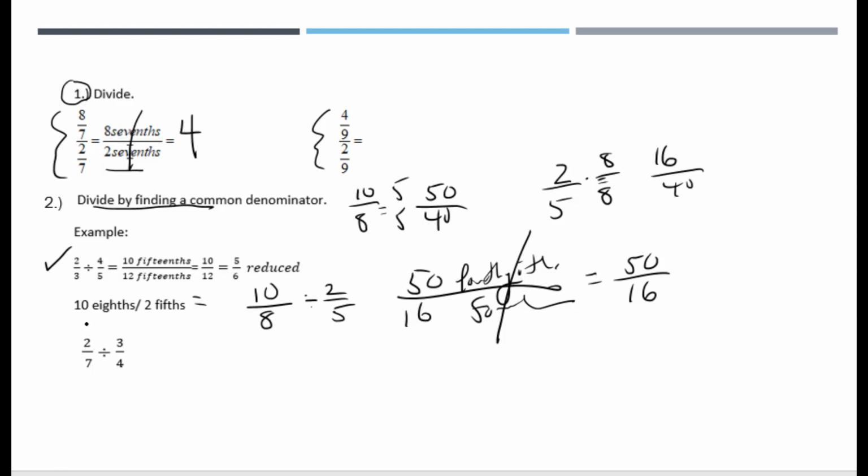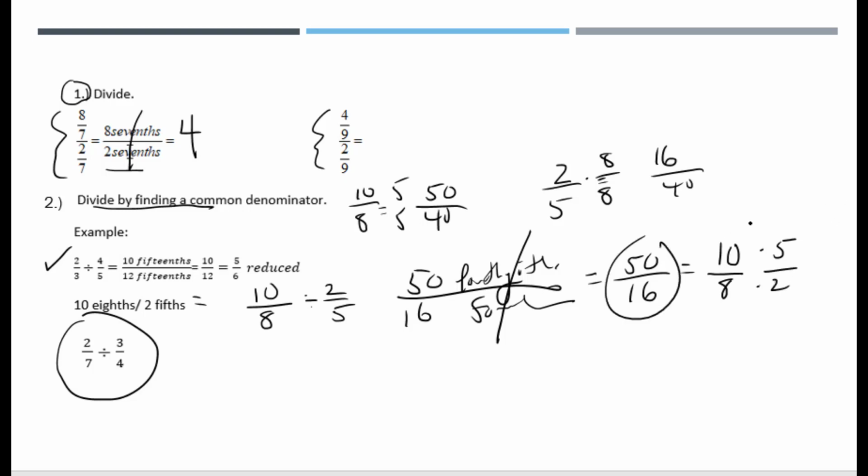So I'll let you try that one out. What's nice about this here is I can now say, well, 50 is 10 times 5, and 16 is 8 times 2.